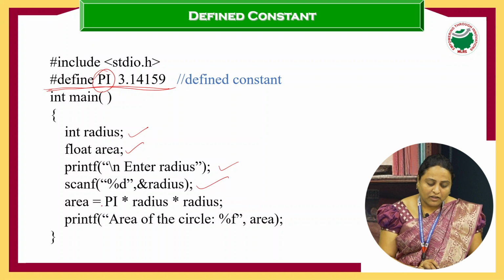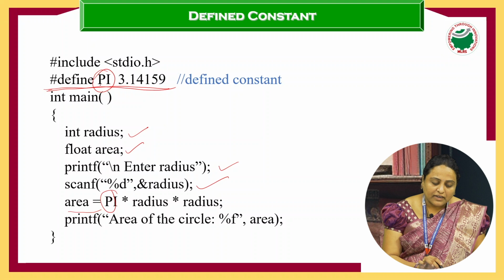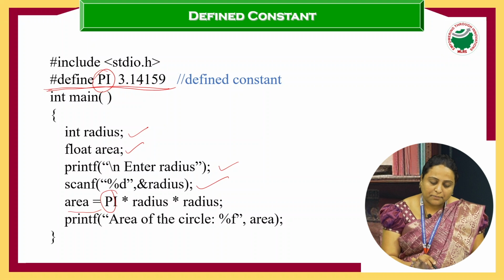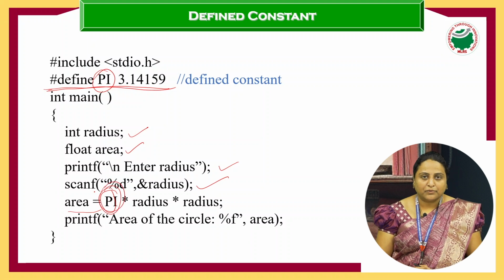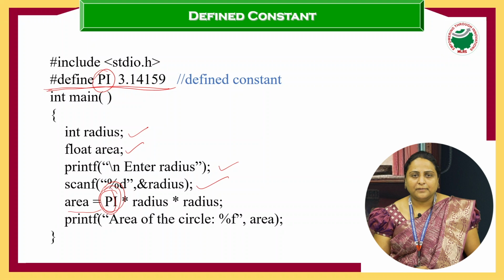The value of radius will be entered from the keyboard. So we are writing the formula for area of circle, that is area equal to pi into r into r. Here pi we have mentioned that it is a constant whose value will be 3.14159. So whenever this constant name pi occurs inside the program, it will be replaced with that particular value and it cannot be changed.